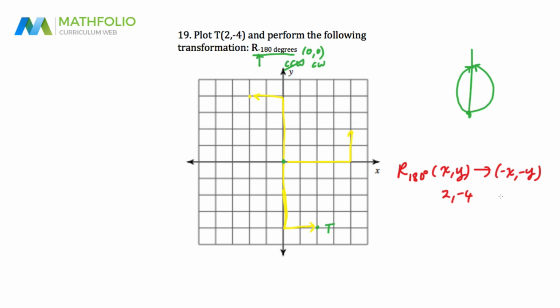So when we negate both, our 2 becomes negative, and when we negate negative 4, it becomes positive 4. So this is going to be our t prime. Negative 2, positive 4, and label it t prime. And as you can see, that's where we got just by counting the squares as well. That was question number 19.